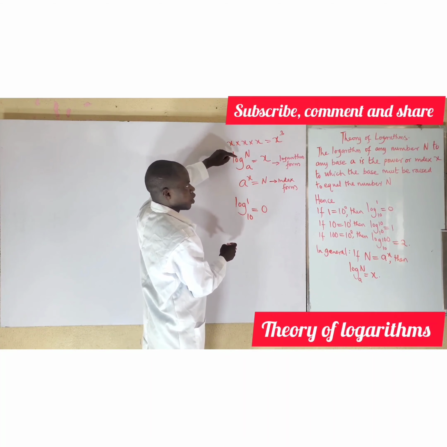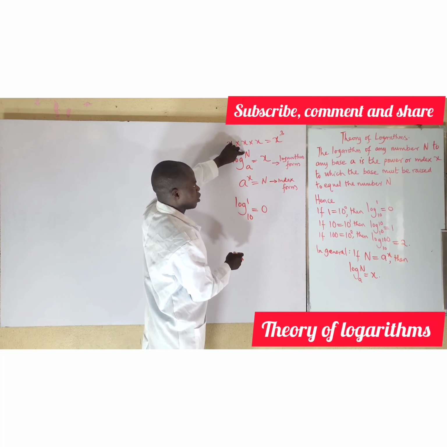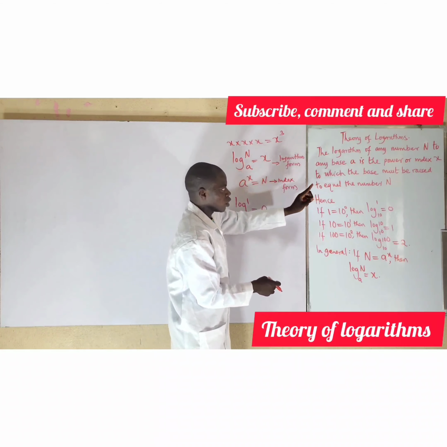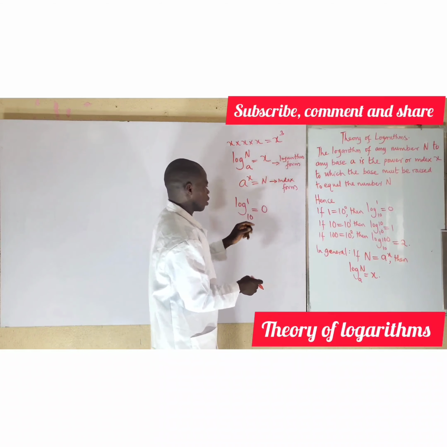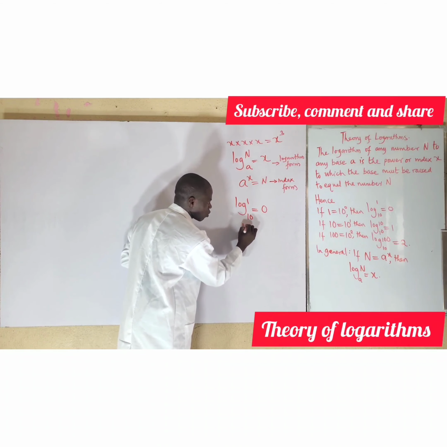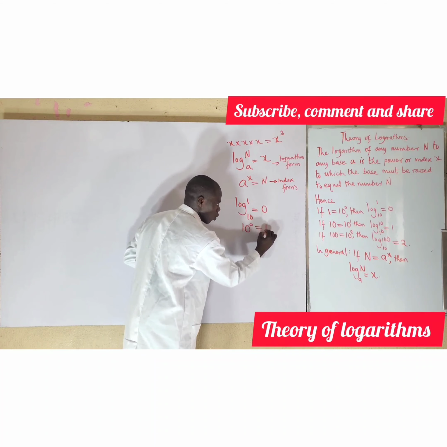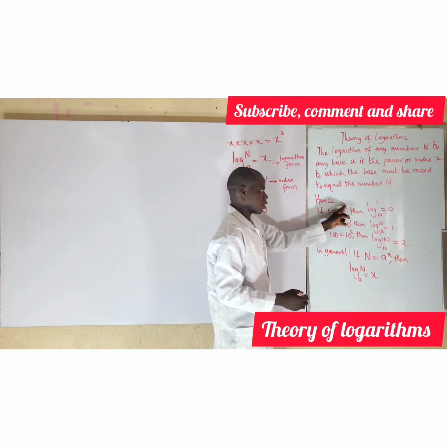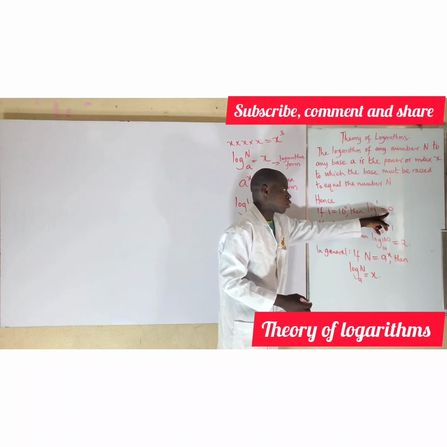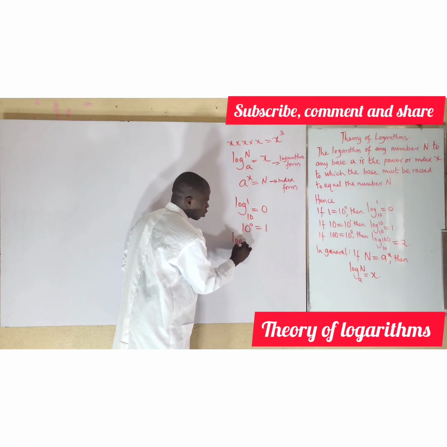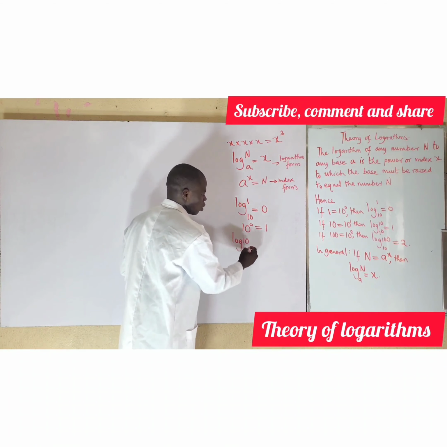The logarithm of any number n to any base a is the power or index to which the base must be raised. Here it is 10 raised to power 0 equals 1. If 1 equals 10 raised to power 0, then log 1 base 10 equals 0. The same thing, log 10 base 10 will give you 1.